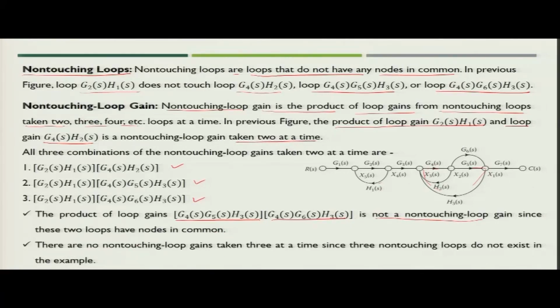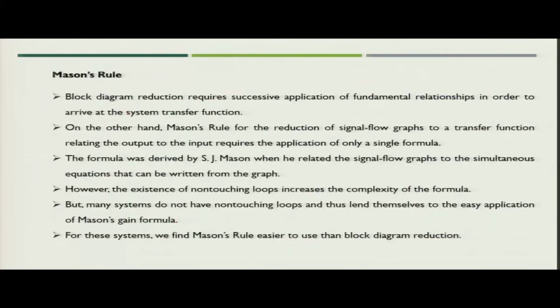We can also identify that there are no non-touching loop gains where we can take 3 loops at a time, because we cannot find 3 non-touching loops which do not have common nodes. So, we have non-touching loop gains only when we take 2 loops at a time.